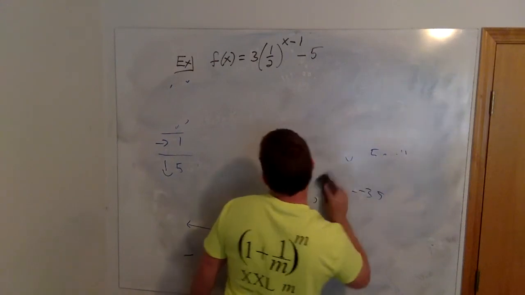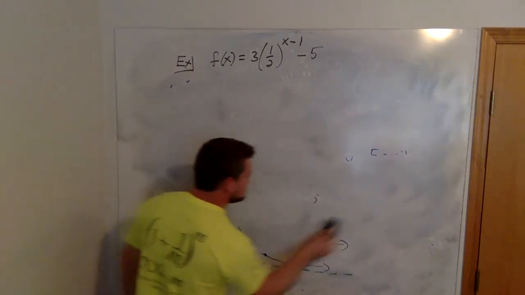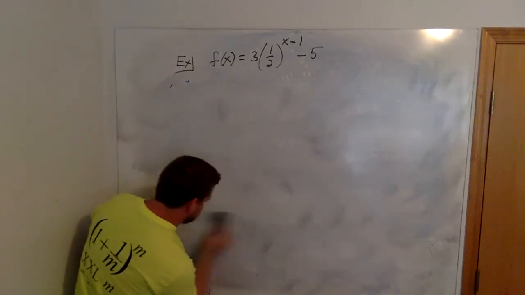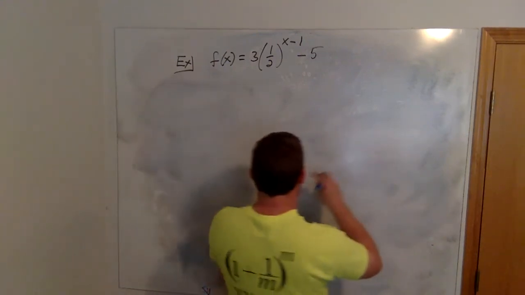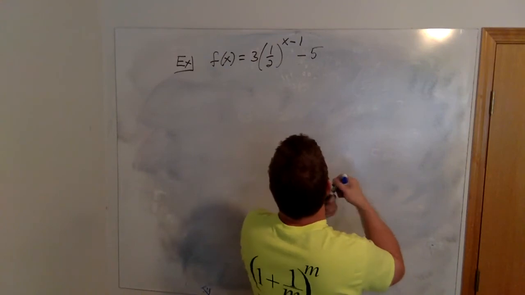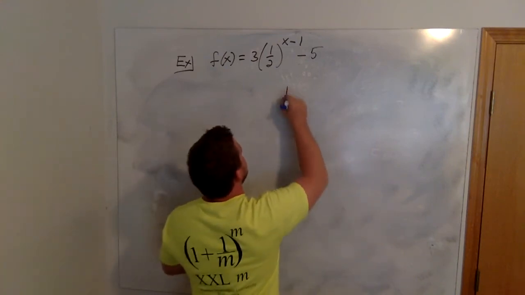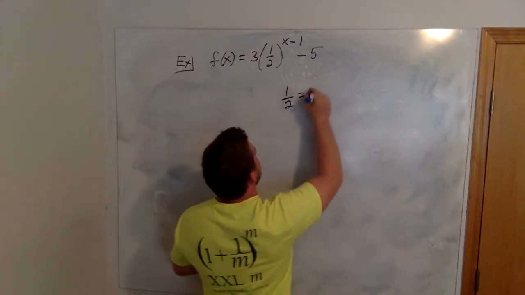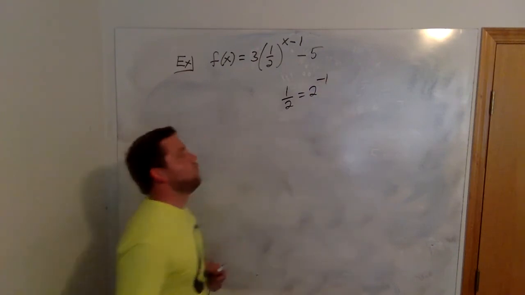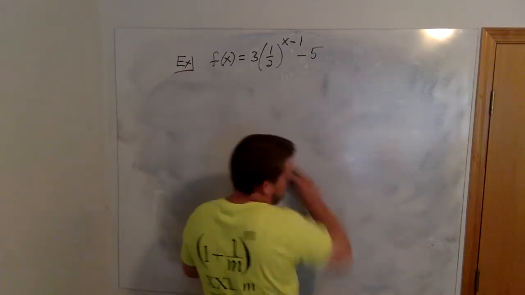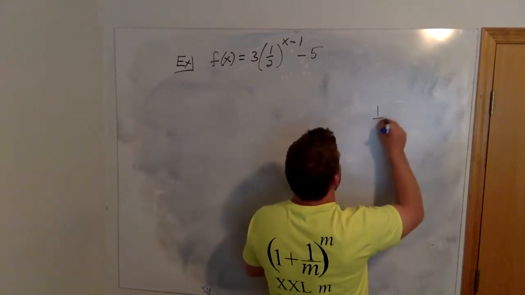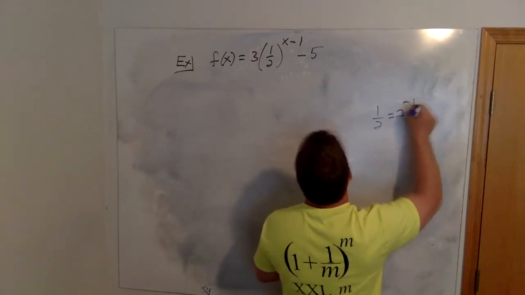A different way we could have done this problem is we could have remembered that 1/2 is the same thing as 2 to the negative 1. So we could have rewritten this function. Let's record this over here. 1/2 is equivalent to 2 to the negative 1.